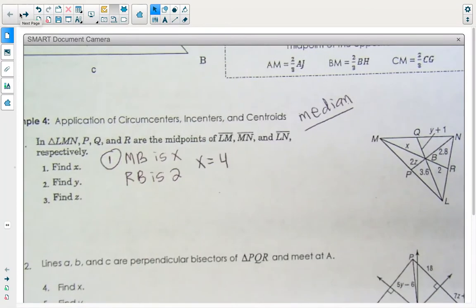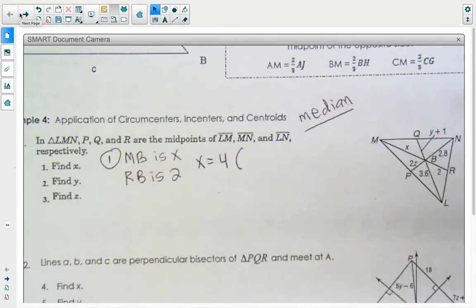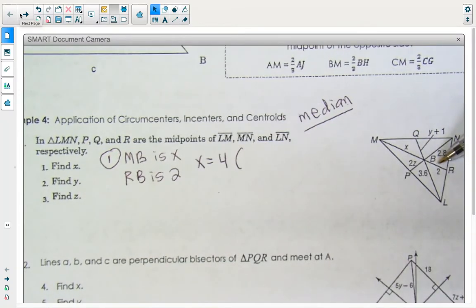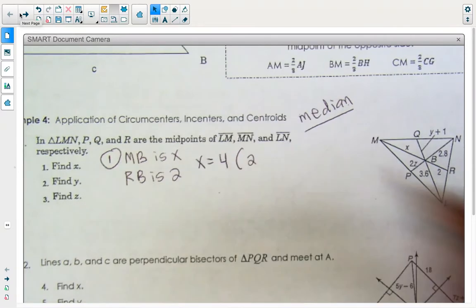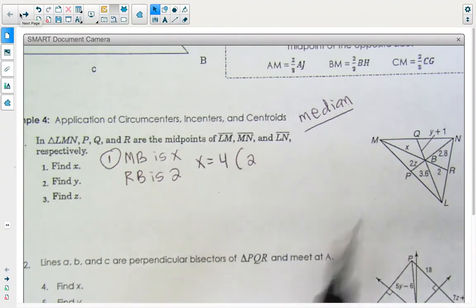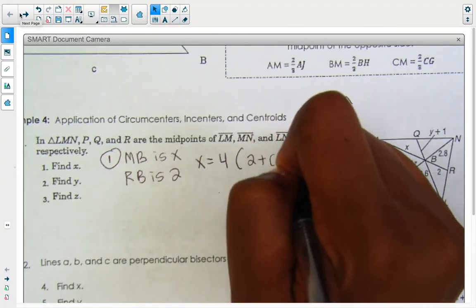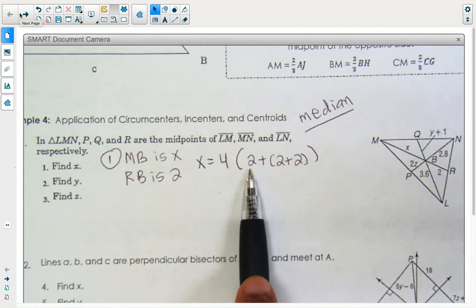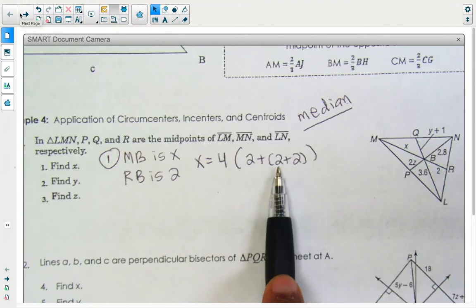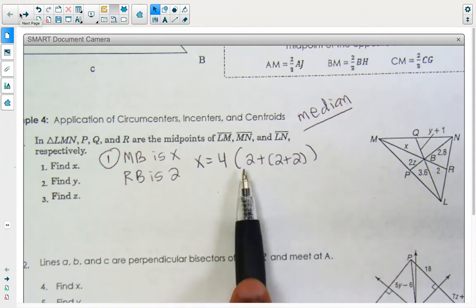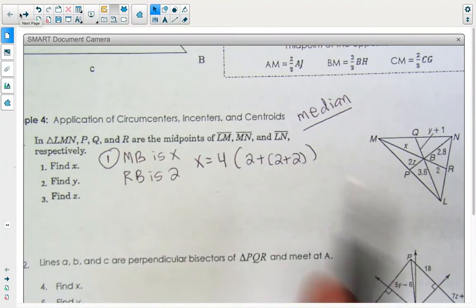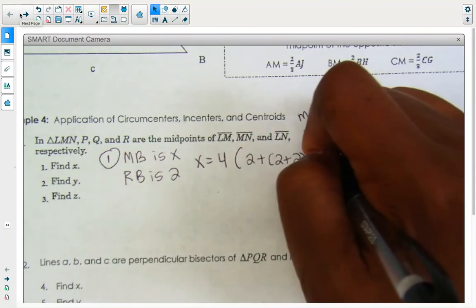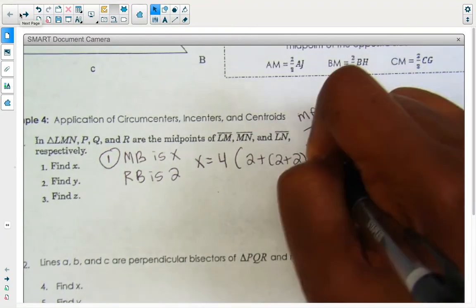And how do I know my answer is going to be 4? Because I know that one side is 2, and that one side counts as 1/3. And my other 2/3 have to be 2 plus 2. So I know that one side counts as 1/3, and this counts as 2/3, so that my whole distance is 6. But they're not asking about the whole distance, but we could write that out for studying purposes.